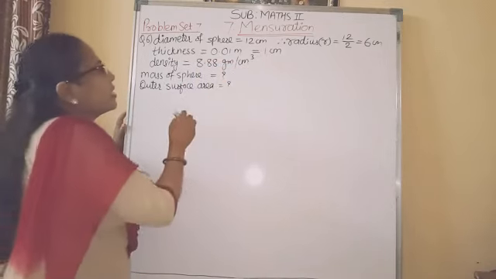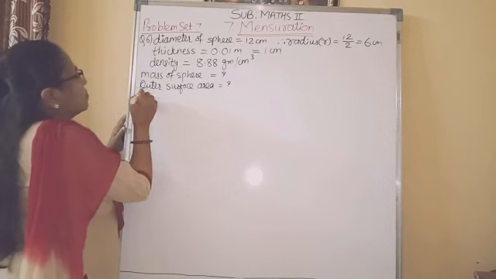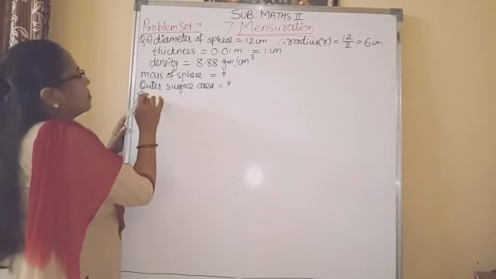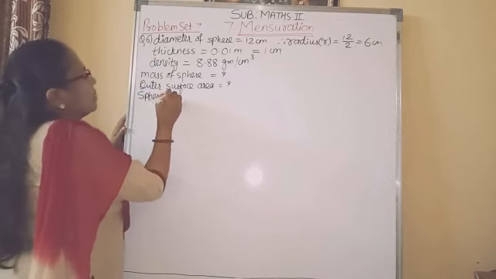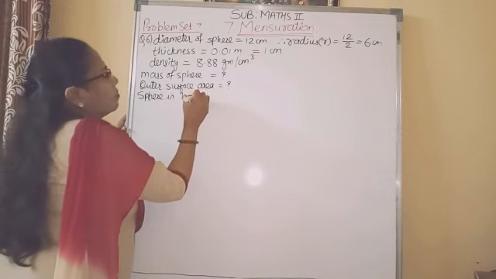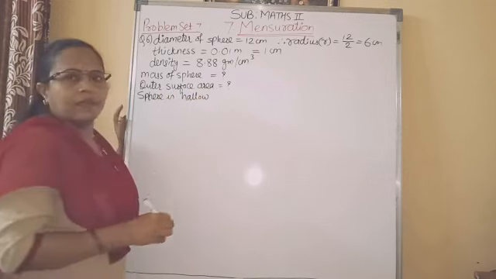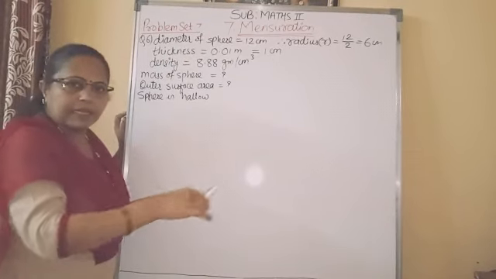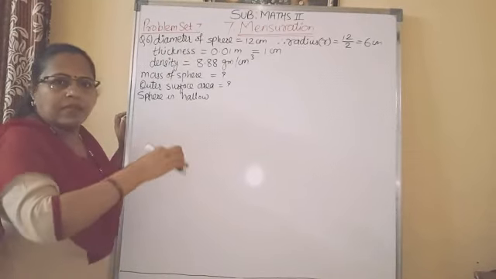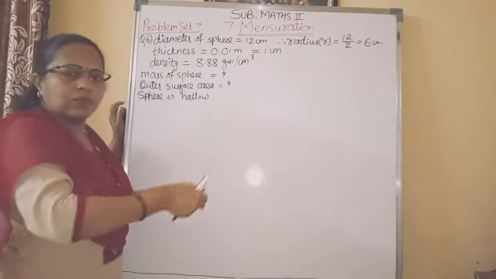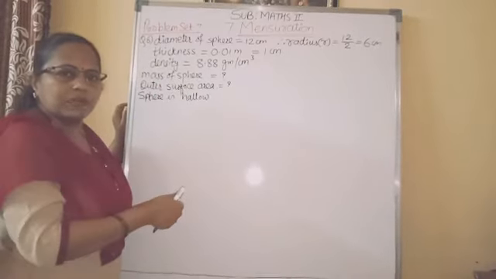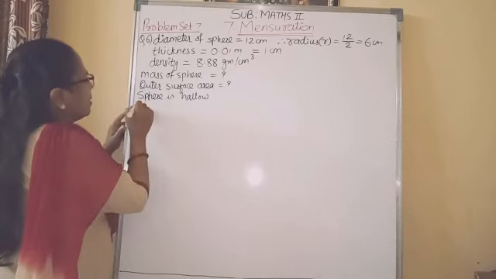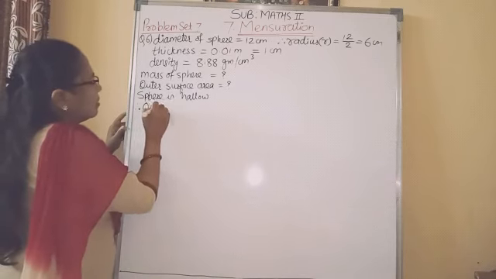Okay. The sphere is hollow. That means we have outer sphere and inner sphere, and the metal between these two spheres is the volume of this sphere. So here we have to write outer radius.